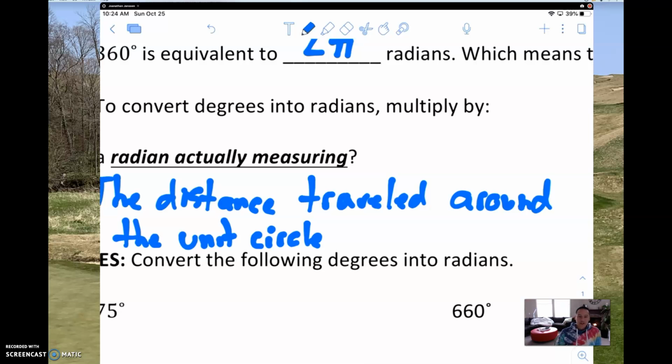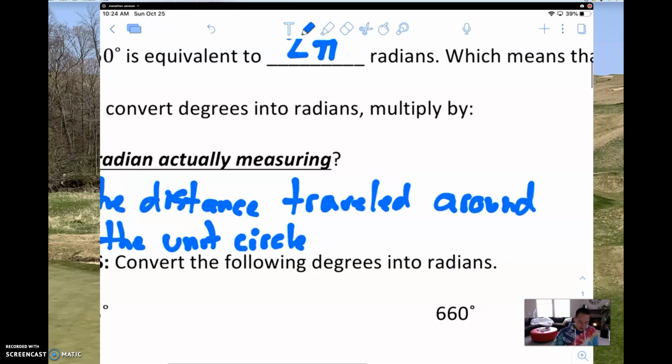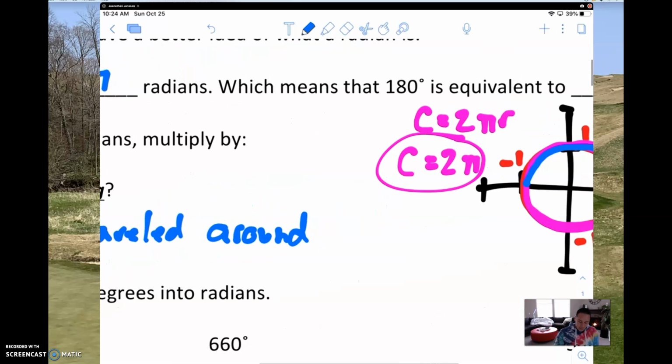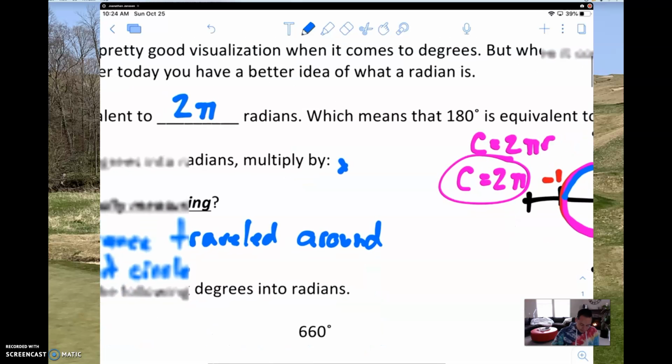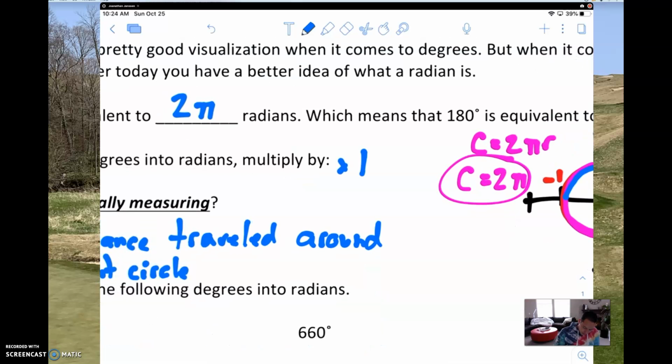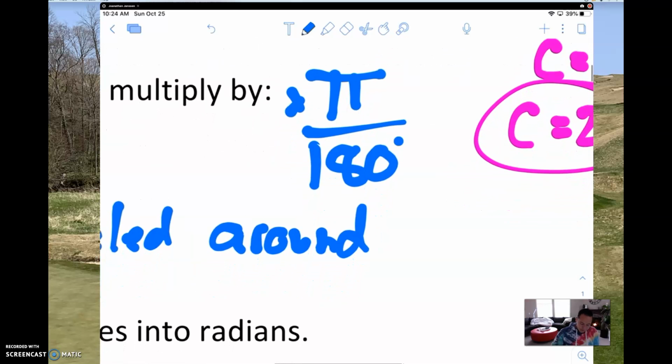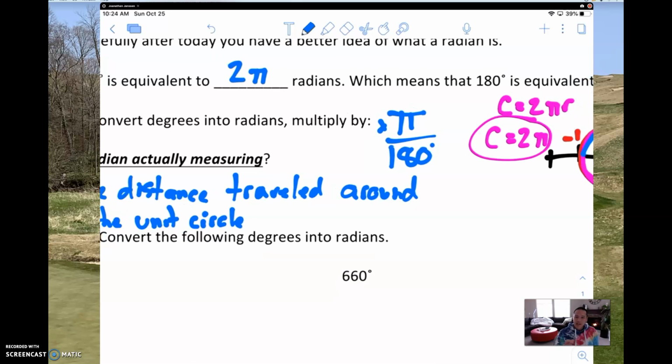And if you want to convert degrees into radians, we have a simple conversion. To convert degrees to radians, we know that 180 degrees is equivalent to pi radians. So we can just multiply it by, from degrees to radians, pi over 180 degrees. And you'll see that the units will end up canceling out when we do that.